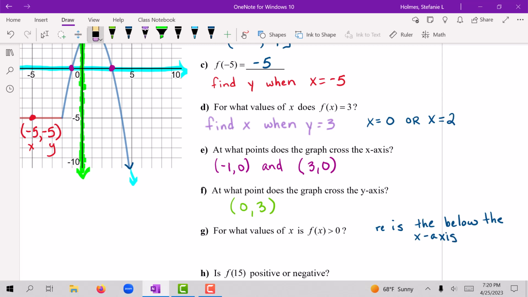We're actually looking for x values where the graph is below the x-axis.